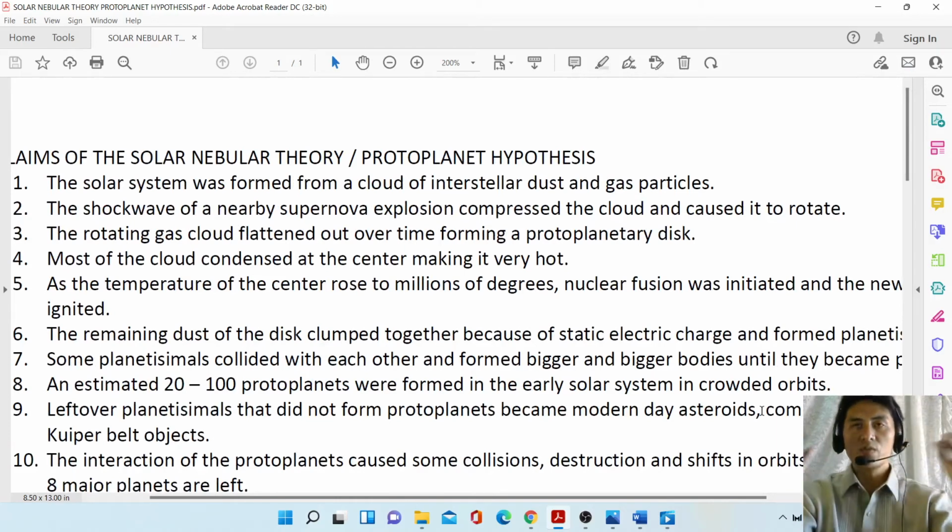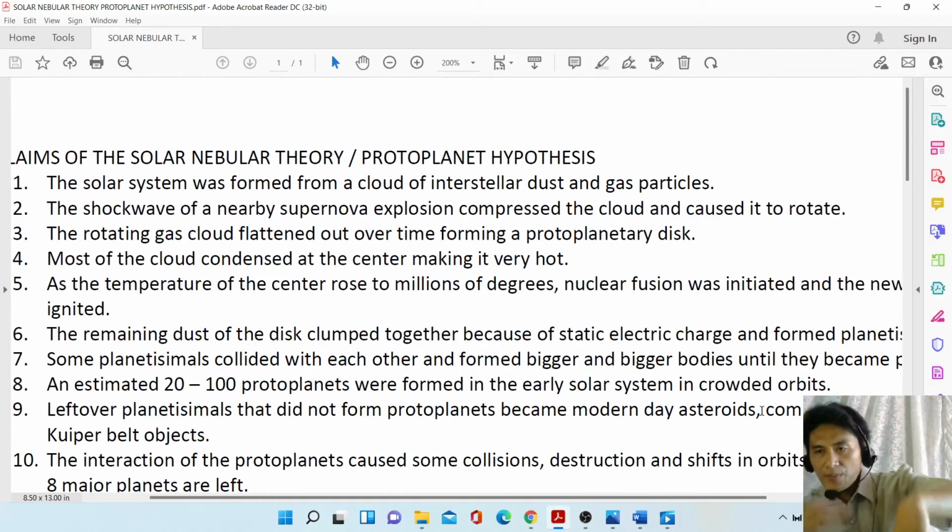So again, this is how the solar system is created. We started from a cloud of nebula, started rotating because of supernova. The rotation caused it to flatten out. Most materials condense at the center. And when you compress something, it would trigger fusion, as is proved by tokamaks that we can build on Earth.